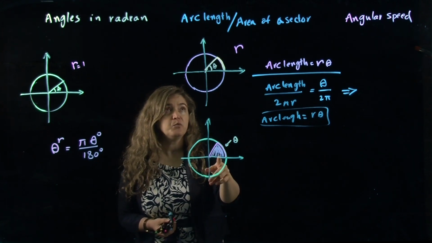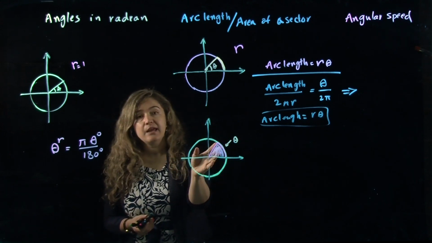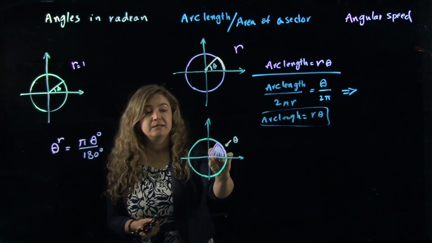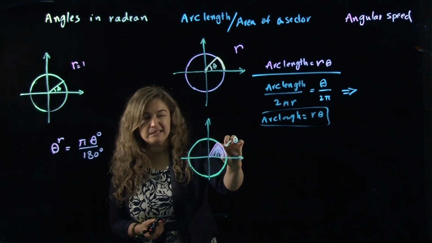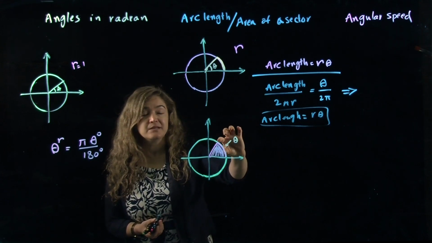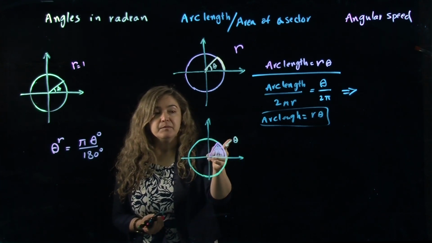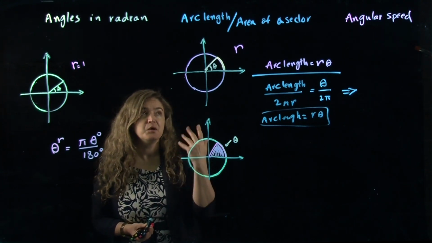Now we're trying to figure out the area of the sector. Basically it's like a slice of a pizza. So the area of that slice of the pizza, where the angle of that slice is theta, what would that be?